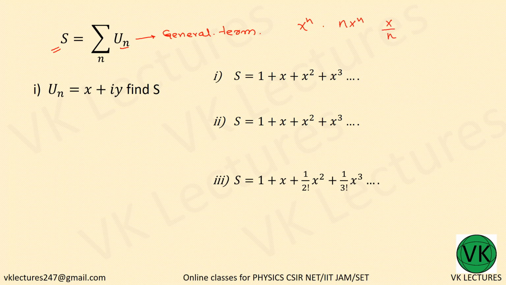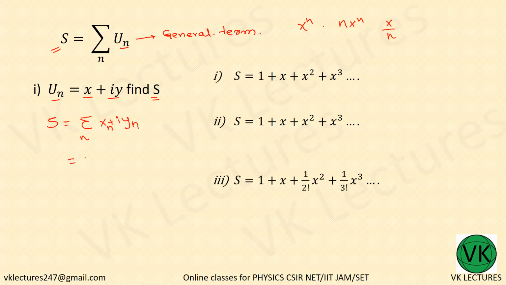Now if you are given un equal to x plus iy, then how can you write the sum? The sum is S equal to the sum over n, we don't know what the limits are, of x plus iy. Each term you are adding.